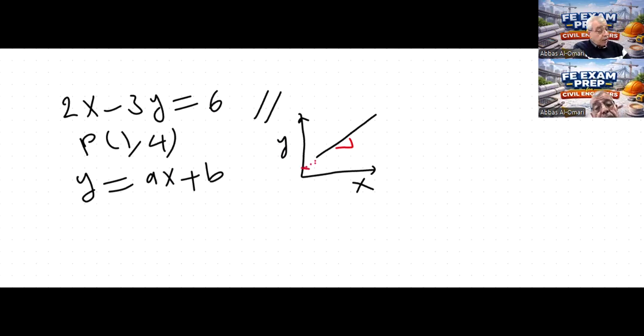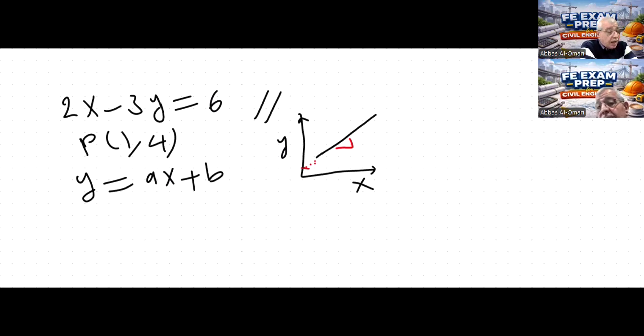Now the first condition given is that the line is parallel to 2x minus 3y equals 6. When two straight lines are parallel, their slopes are equal. So we can find the slope of our line from the slope of the given equation.